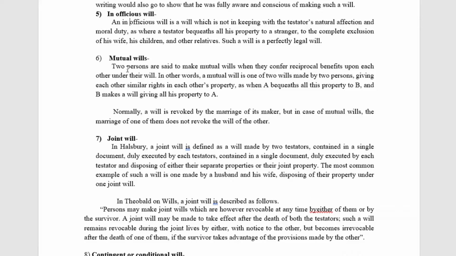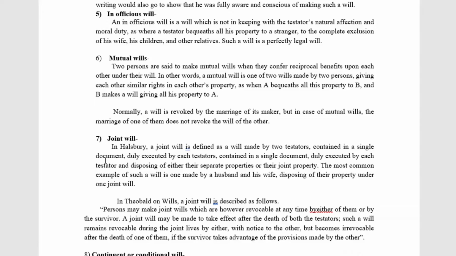And next is the joint will. A joint will is defined as a will made by two testators contained in a single document. Normally husband and wife make this sort of joint will, duly executed by each testator and contained in a single document. That will be called a joint will.